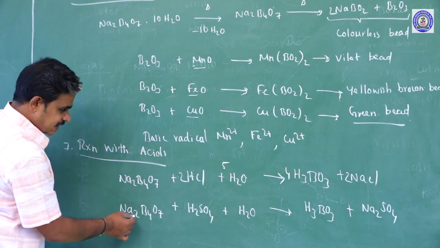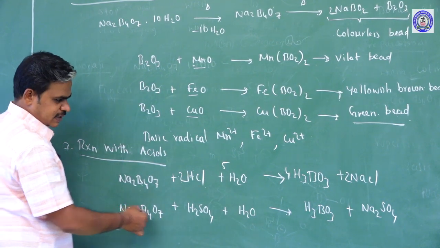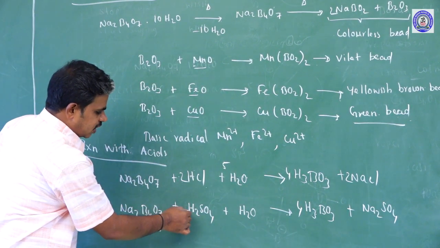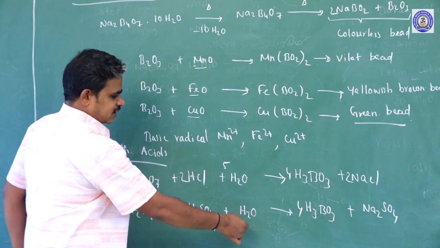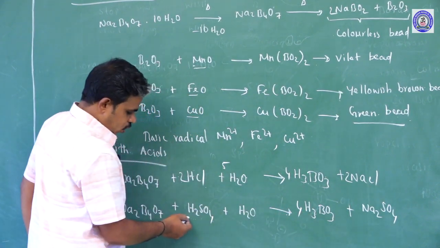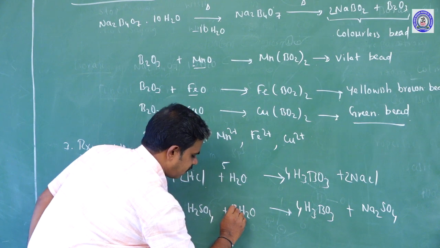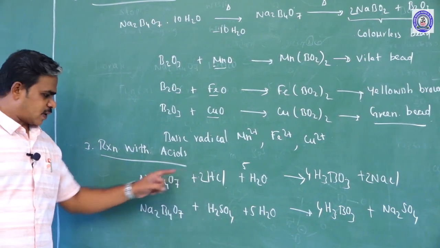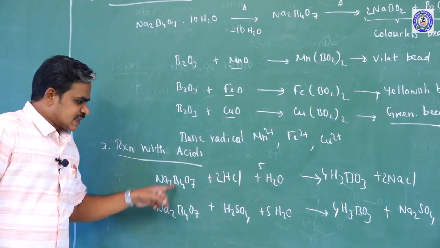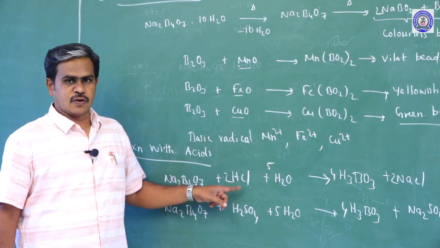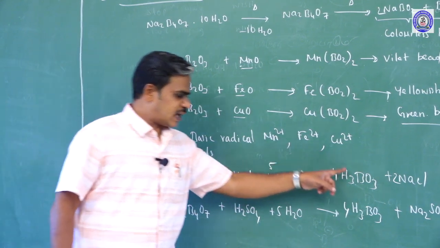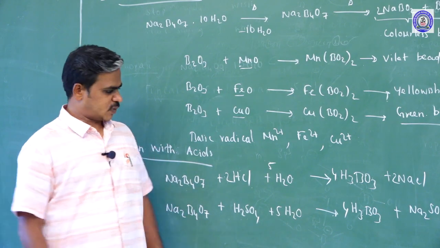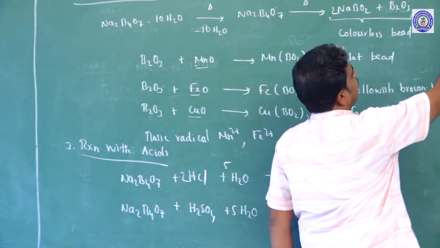Now the same balance: Na2 is there, B4 is there, and 1 boron, so it is 4. And hydrogen, 2 hydrogens, sulfate is balanced. Now it is 12 hydrogens and 2 hydrogens, so it is 5 molecules of water. So how will you prepare boric acid from borax? Borax is treated with concentrated sulfuric acid or hydrochloric acid, and we are getting boric acid. That is the preparation method of boric acid.